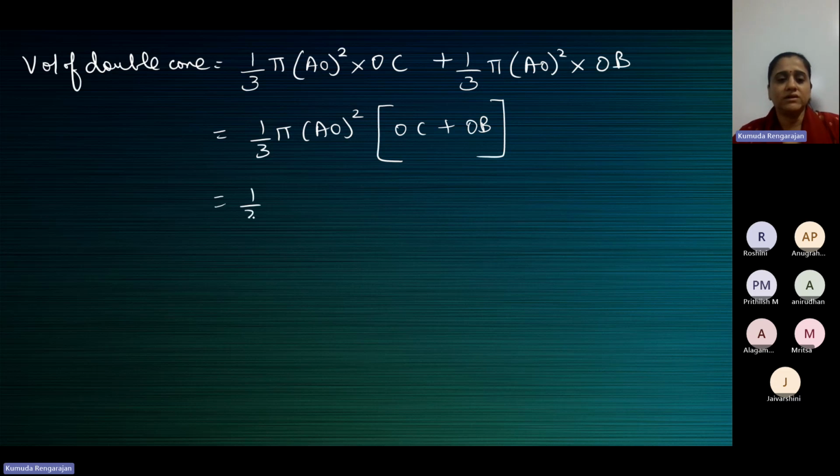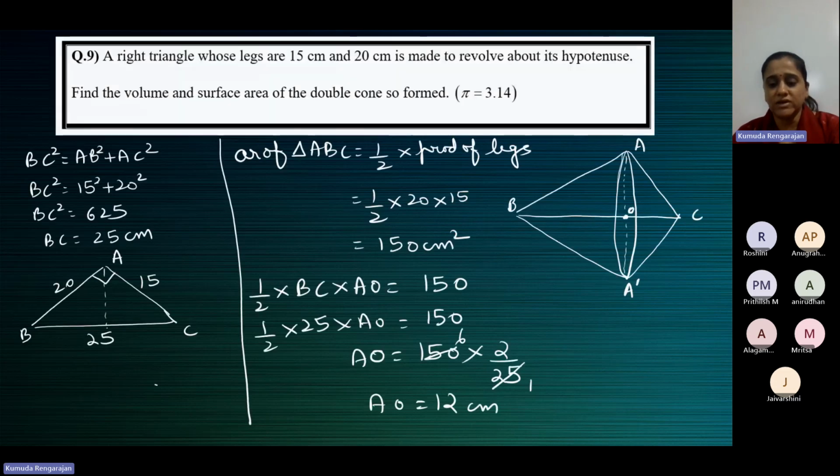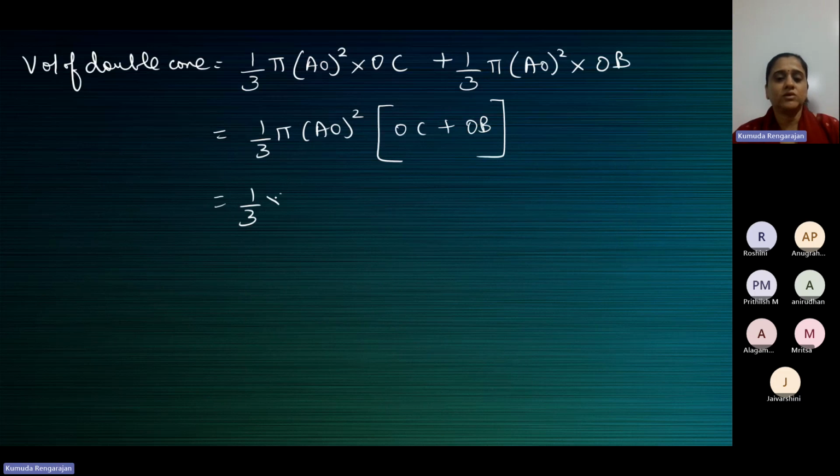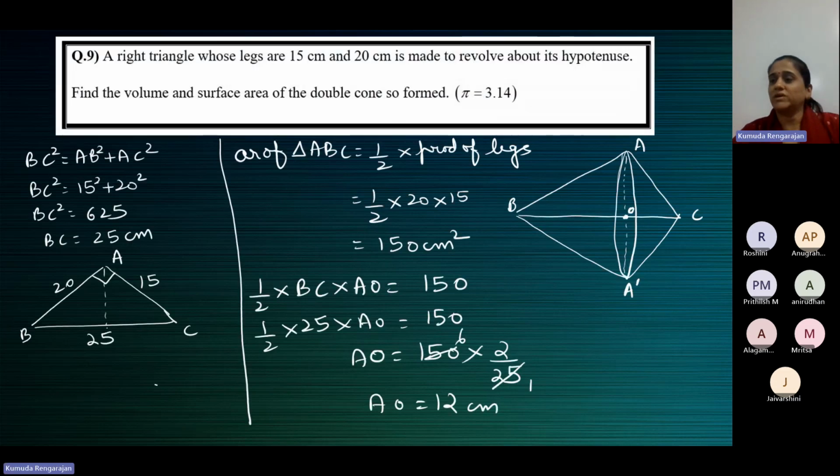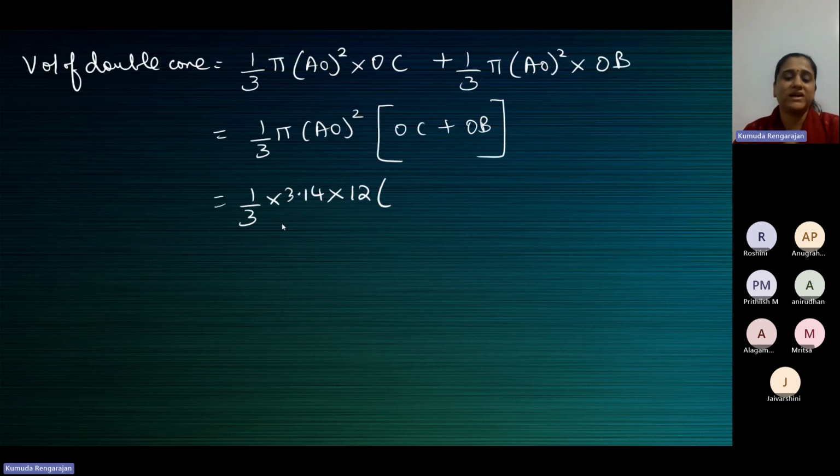So 1/3 into pi value is given, 3.14, into AO, 12 square, into OC plus OB. We don't know OC and OB separately, but we know OC plus OB. What is OC plus OB? BC. So we don't have to spend time finding them.